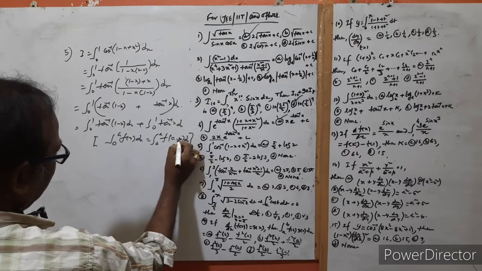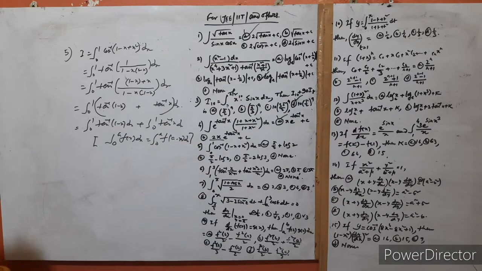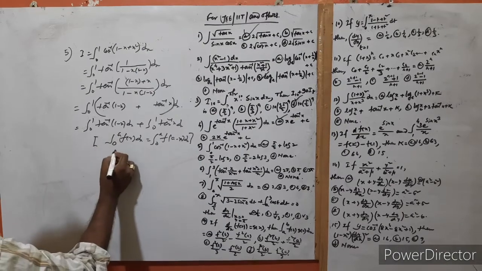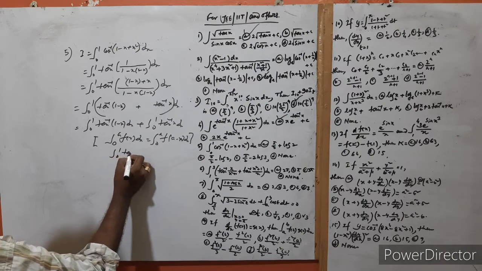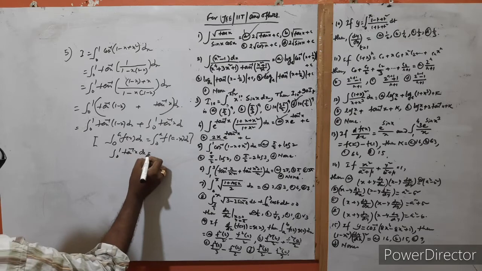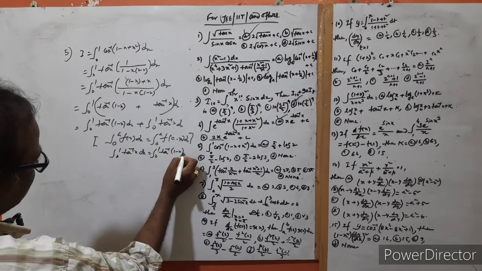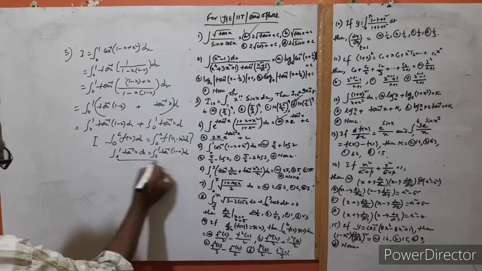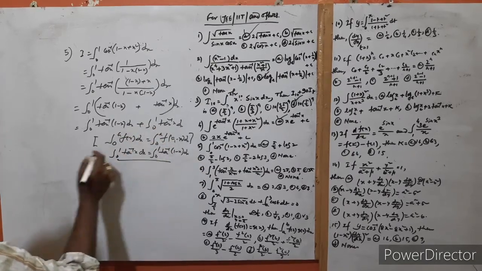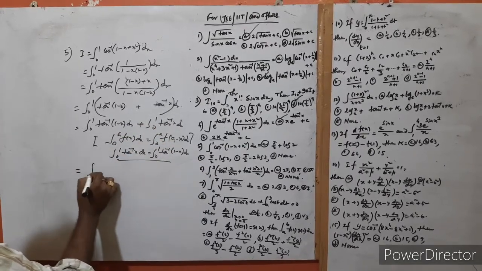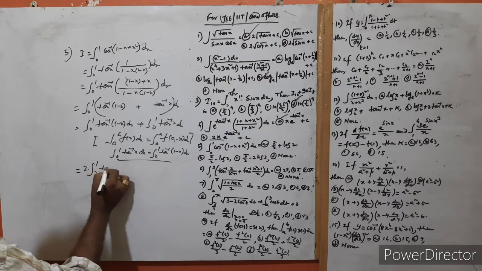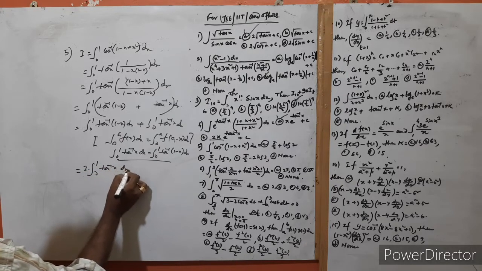It is always true. From that property, the integral from 0 to 1 of tan inverse x dx can be written as the integral from 0 to 1 of tan inverse of 1 minus x dx also. So these two are the same integral, so that's why you can write twice the integral from 0 to 1 of tan inverse x dx.